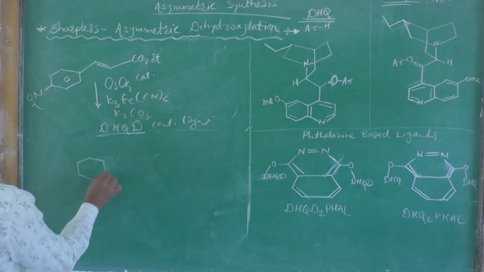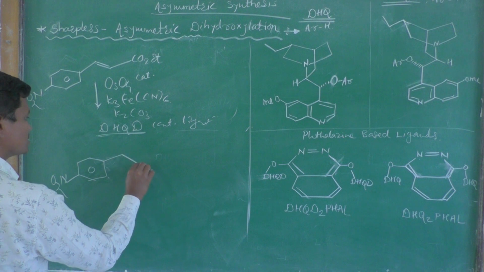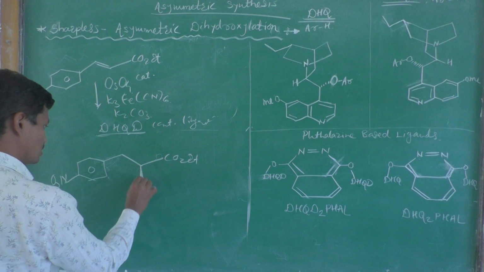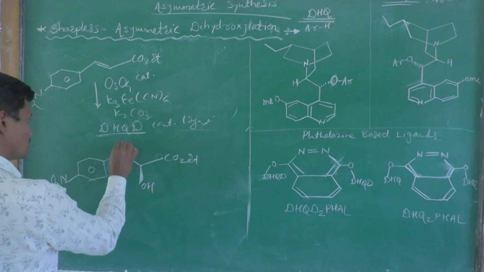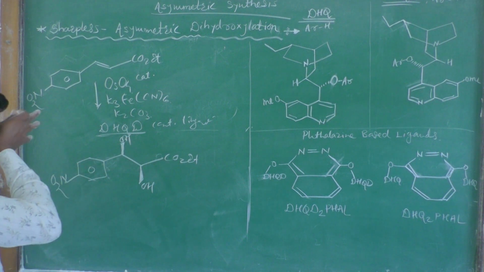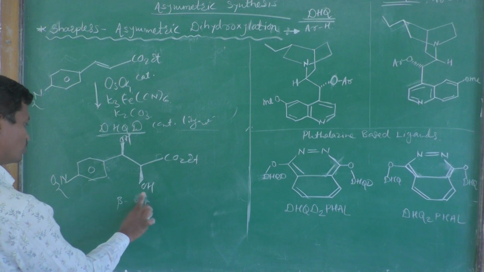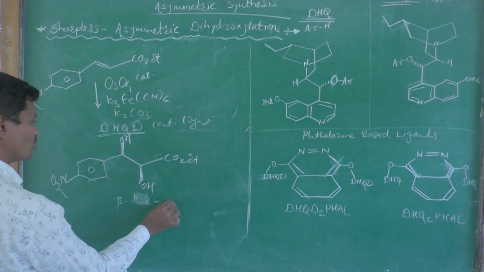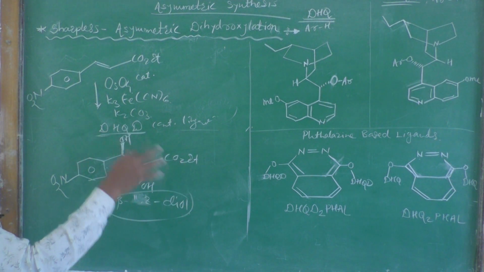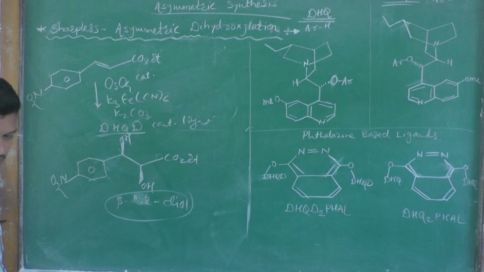So my product will be, with all things remaining the same, this one: CO2Et, and OH. Both hydroxyl groups are from the top face of the carbon-carbon double bond, so beta 1,2 diol. Whatever the IUPAC name or other name of the compound may be, we can assign the name, but the stereochemistry is important.